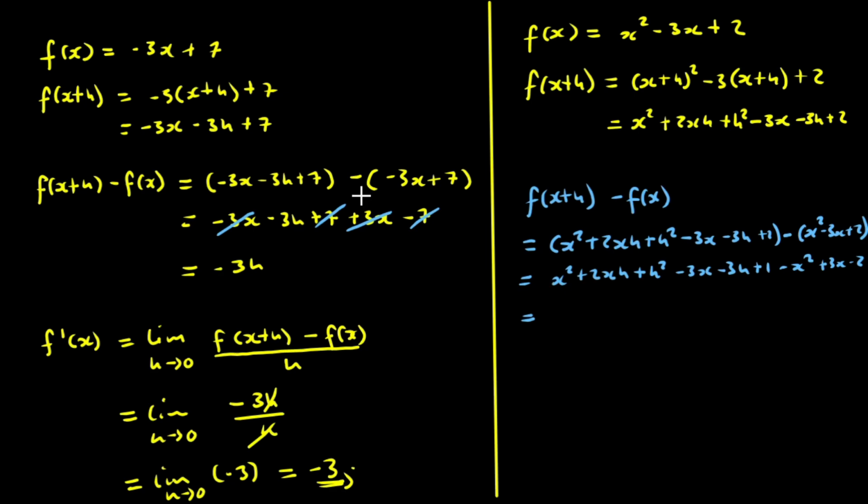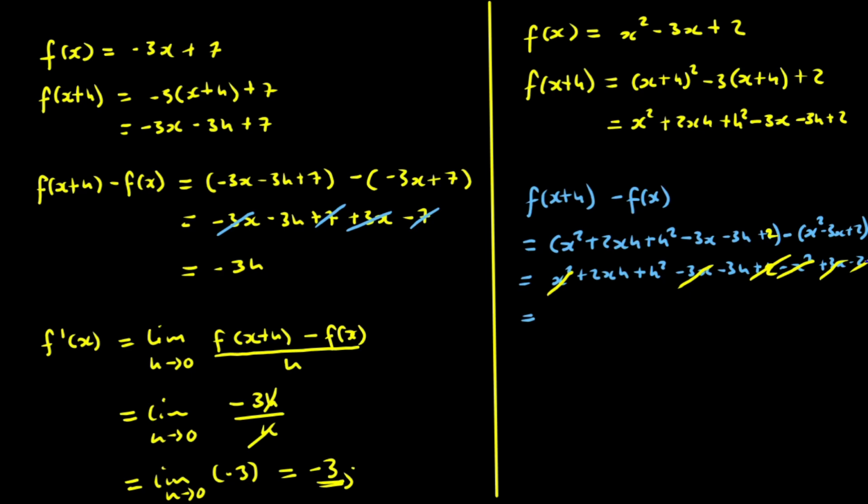So here we go. We have x squared minus x squared, they go away. Minus 3x and plus 3x is going to be 0. Again, here it was not supposed to be 1. It was supposed to be 2. I copied wrong. Plus 2 minus 2 is going to go away.